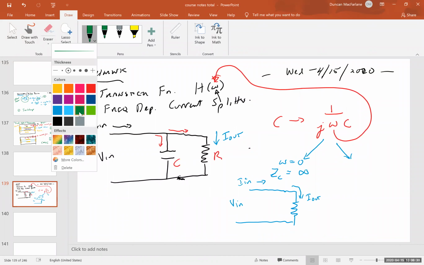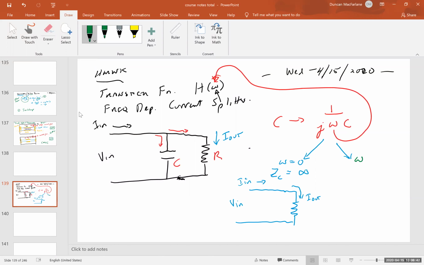Now, the other case is omega equals infinity. I'm going to use some imagination here and build on what we've done last time and be a little bit more specific about what I mean by a high frequency.